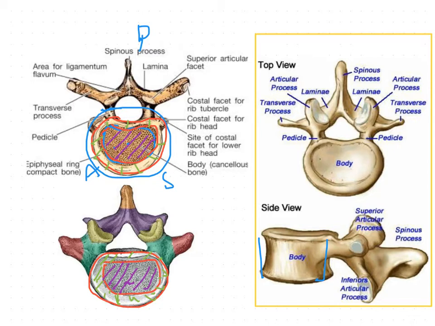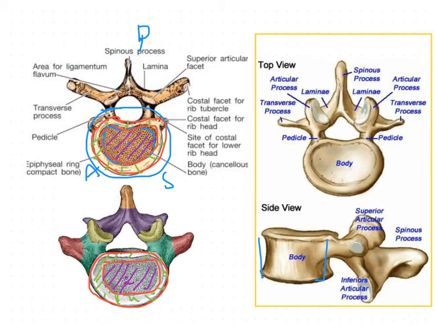So this part is considered under the intervertebral disc rather than the vertebral body. Don't get confused: you get the same thing in the vertebral body and in the intervertebral disc. Both are the same. So this is about the vertebral body.